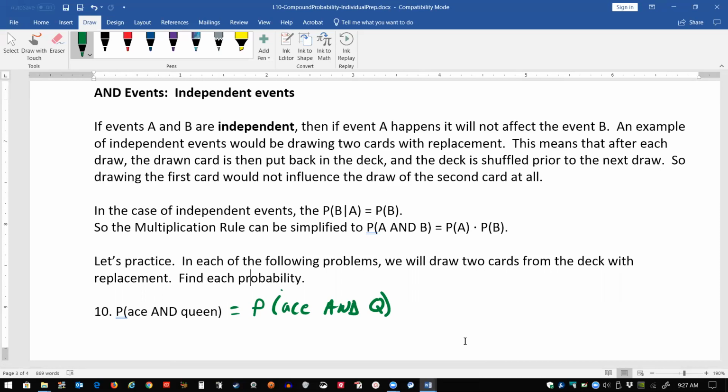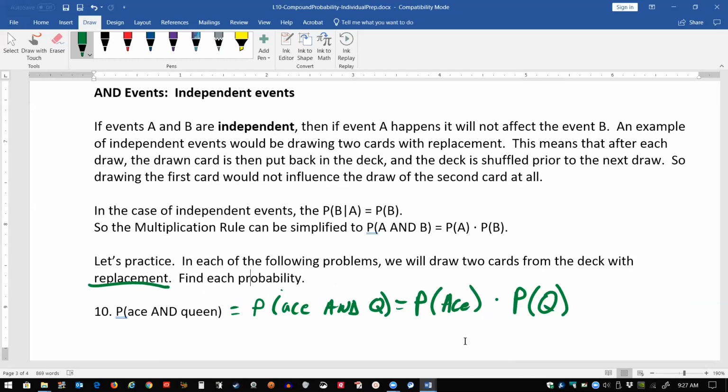Well, because our instructions say that this is with replacement, meaning we're putting the first card back into the deck and shuffling before we draw the second card, these are independent events, so I can simply find the probability of drawing an ace and the probability of drawing a queen, and then I simply multiply those together.